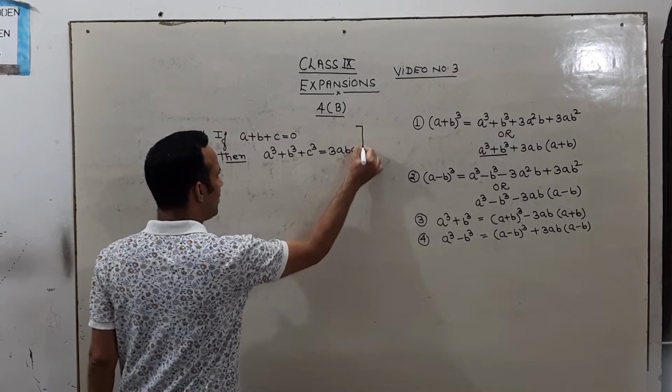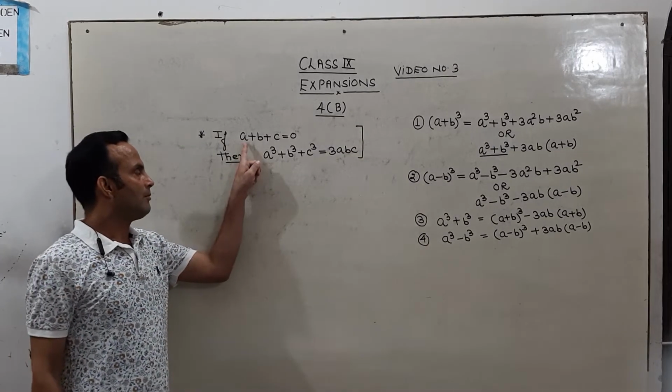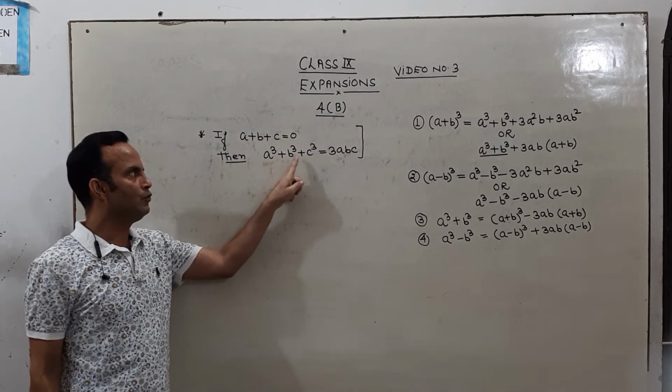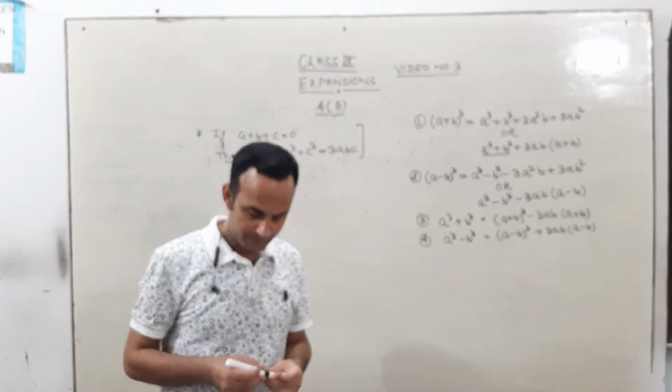This is also an important identity. If the sum of a, b and c is equal to 0, then a cube + b cube + c cube must be equal to 3 times abc.